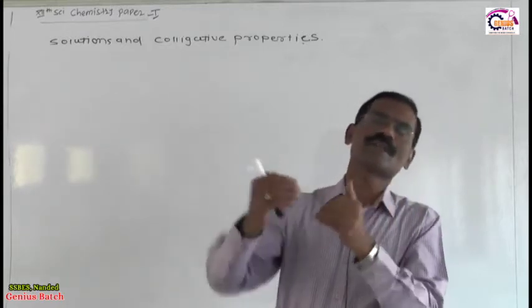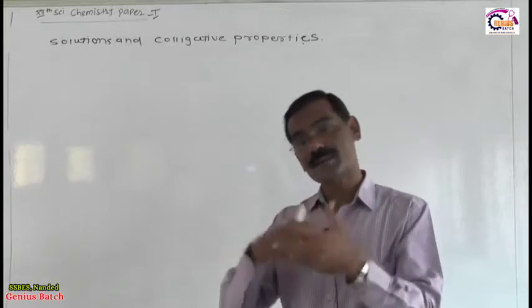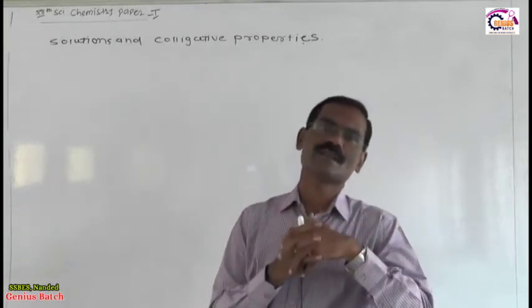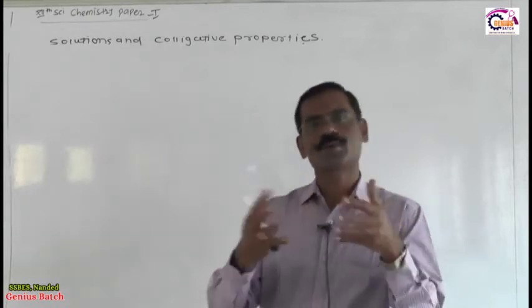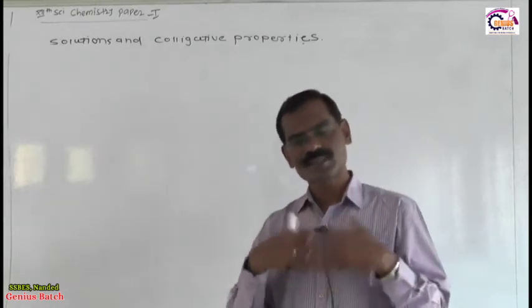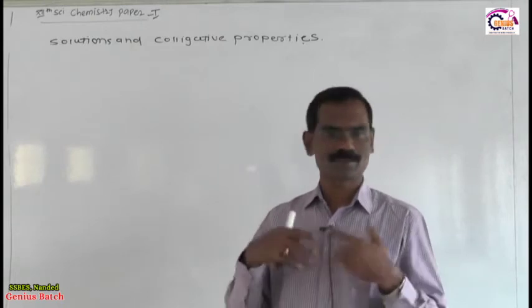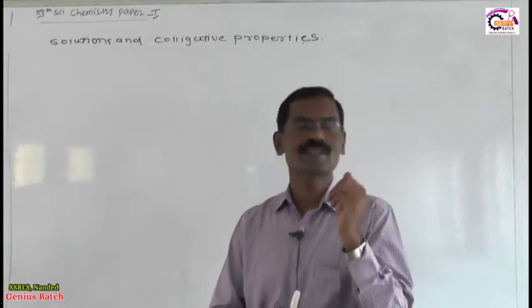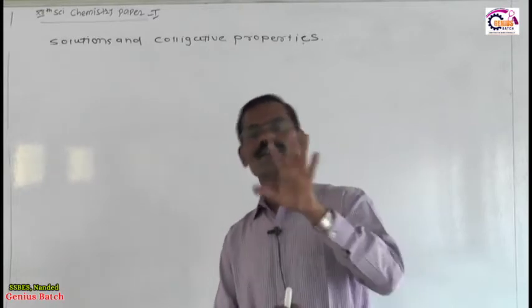Once you know the colligative properties, the concept of abnormal colligative property is also present in this syllabus. This topic is very important for your syllabus, that's why you must be very serious about it. I will explain each and every point with numericals, because numericals of this topic are very important.